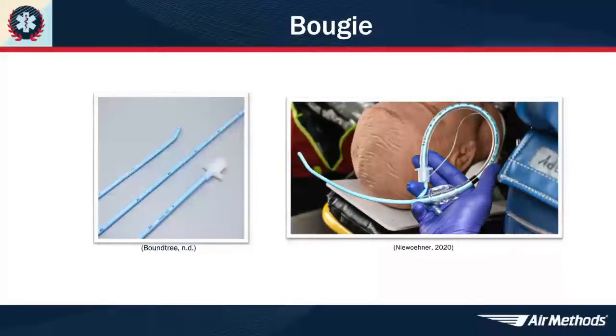So it's constantly wanting to twist one way or the other when you're trying to get it in place, especially if your hands are bloody and/or got vomit on them or whatever. It can be difficult to do that, but most of the time I find that the easiest thing to do is just place the bougie and then have your partner slide the tube over the bougie, and then you can slide it into place.